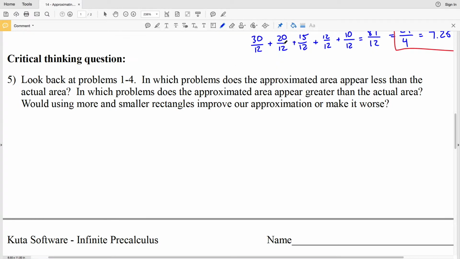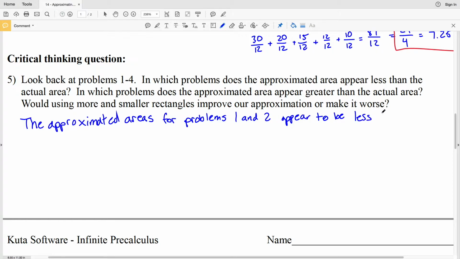So I think that the approximated areas for problems 1 and 2 appear to be less than the actual.